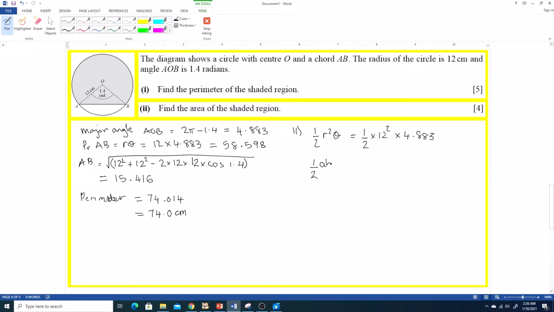Please remember that these formulas are not in your formula sheet, so you need to remember some of them by heart.